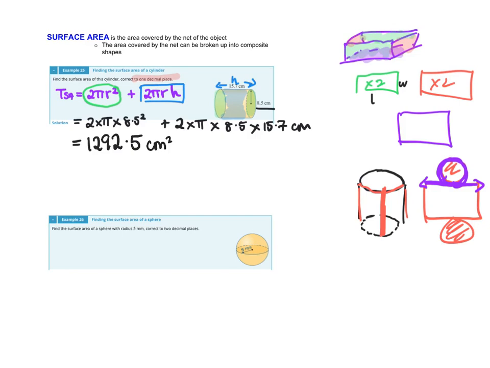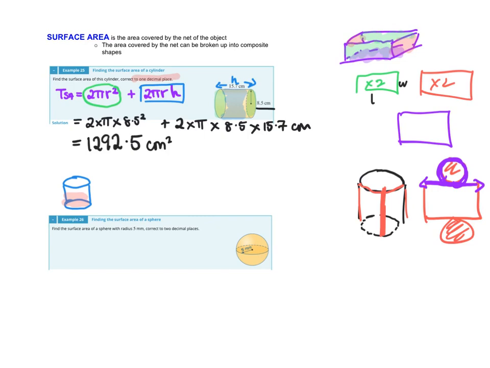Say the cylinder was a glass. So pretend this is a glass with a bit of red wine in there. Say they said find the surface area of the glass on the outside. Can you see a glass wouldn't have the circle on the top, would it?